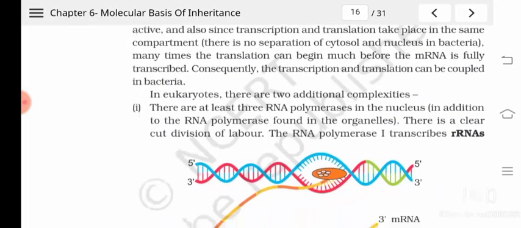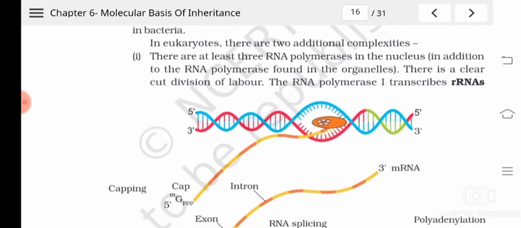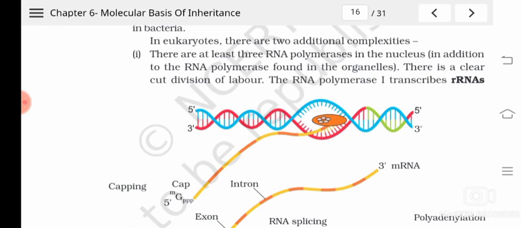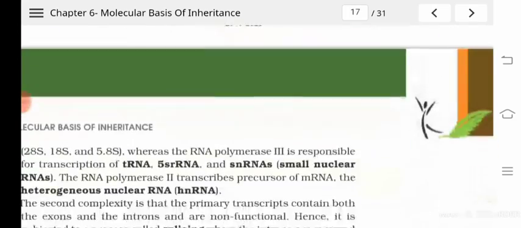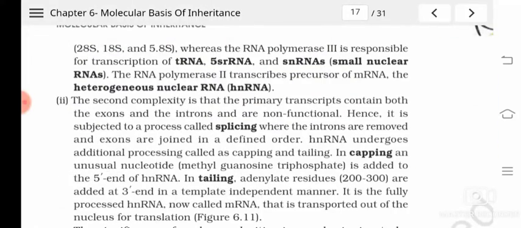Clear? Then what are the additional complexities that are found in eukaryotes? Okay, that is the presence of 3 different types of RNA polymerase, okay, to polymerize the different RNAs. Okay, then the process of splicing, capping, tailing, etc.